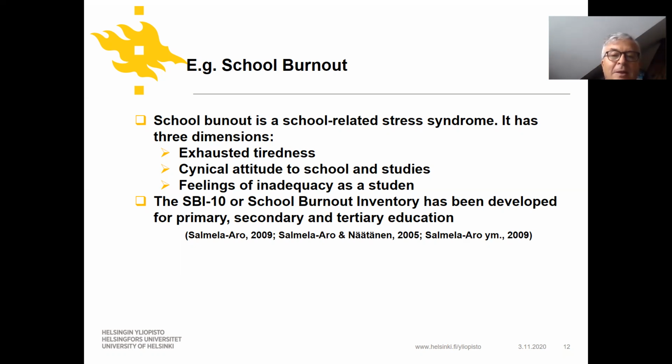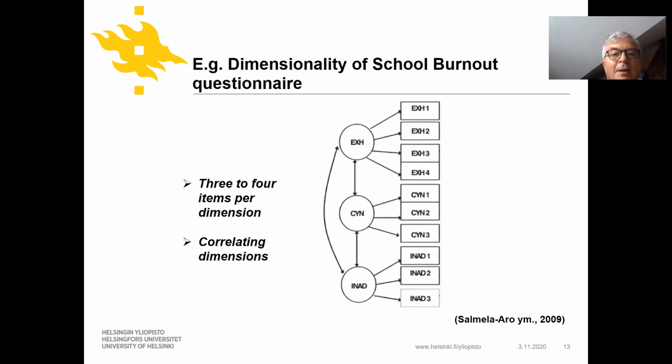And there's a school burnout inventory, and it has been used in primary, secondary, and tertiary education. I'll show something of it here. So here we have a set of three factors, three latent variables. You remember the exhaustion, the cynicism, and the inadequacy. And there is a set of items for each of these three factors.